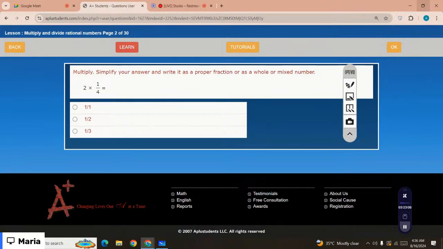2 times 1 by 4. So which is the correct option? The correct option is 1 over 2.